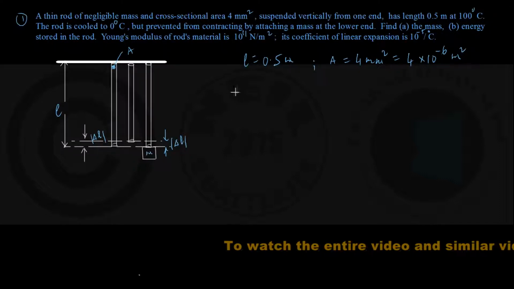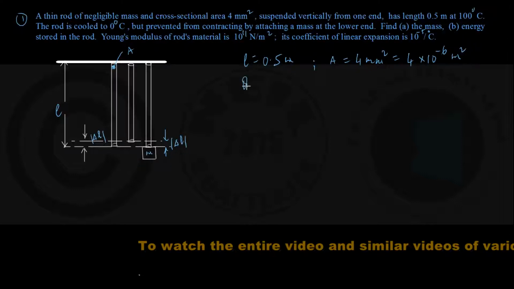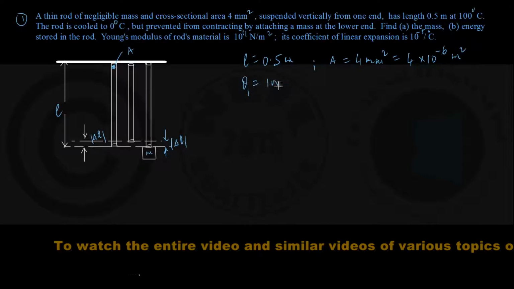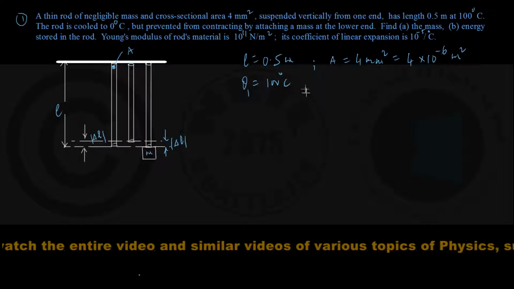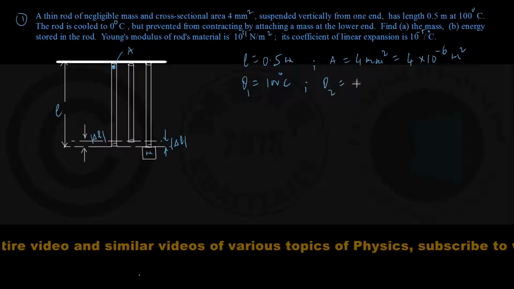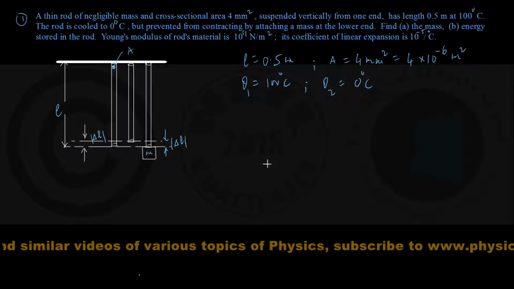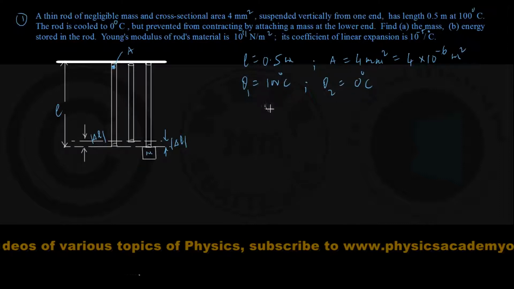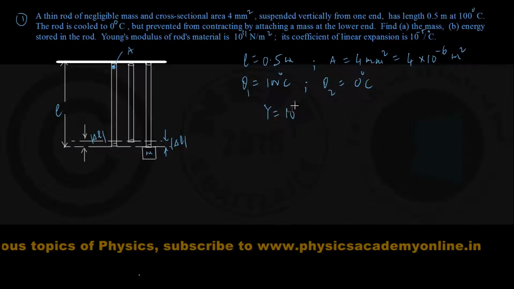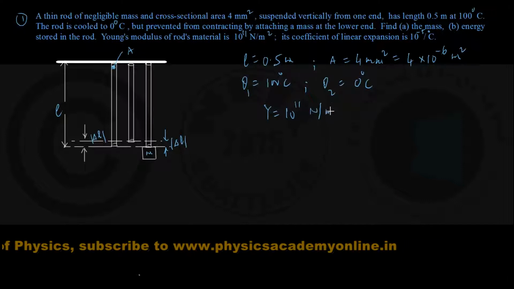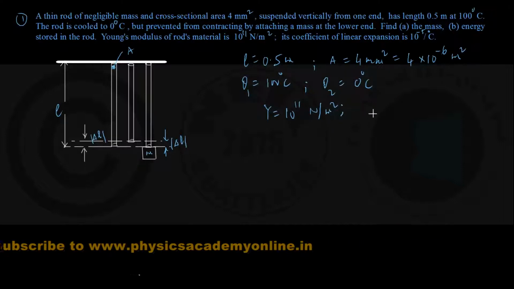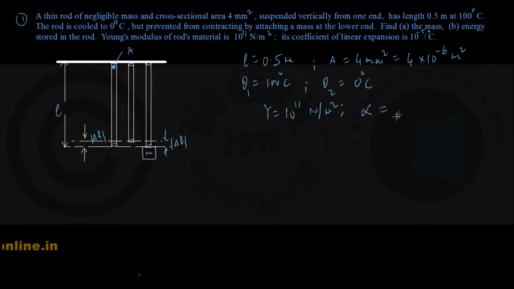Initial temperature of the rod theta 1 was 100 degrees Celsius and the final temperature theta 2 is equal to 0 degrees Celsius. The Young's modulus for the rod's material is given to be 10 to the power 11 Newton per meter square, and the coefficient of linear expansion of the rod's material, alpha, is given to be 10 to the power minus 5 per degree Celsius.